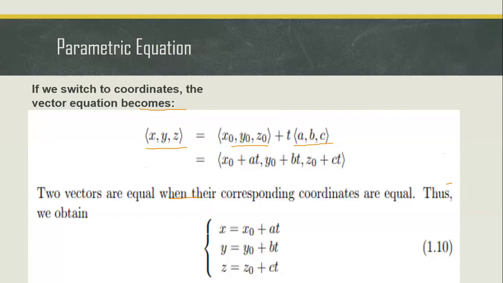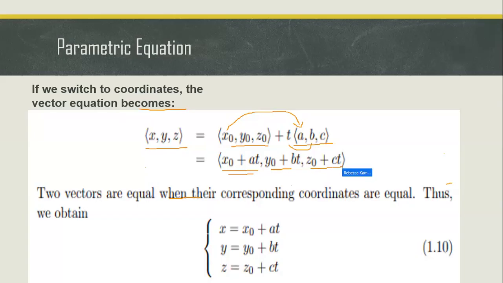So we know from here to here, they are going to be equal: x0 plus at, and then we have the next one, y0 plus bt, and then we have z0 plus ct. So these here will be the 3 components when you are forming the equation.